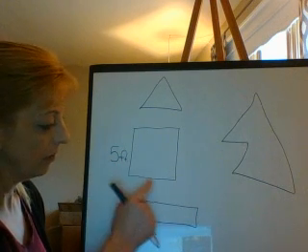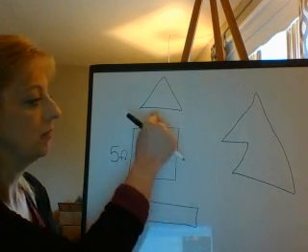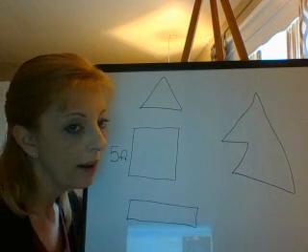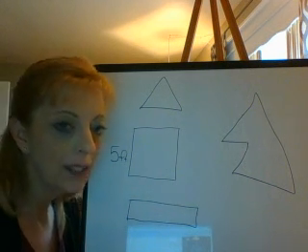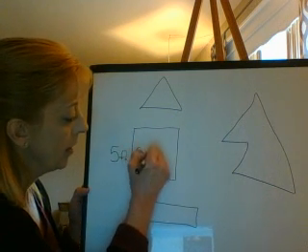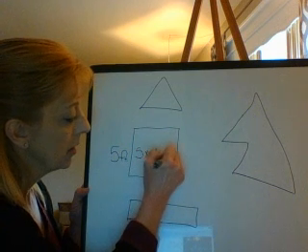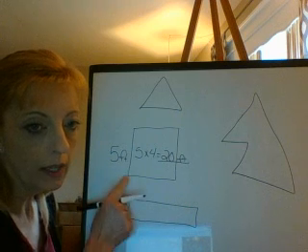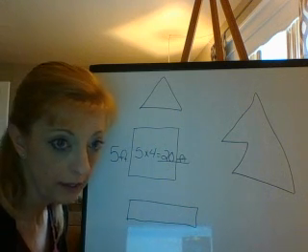If this is 5, and this is 5, and this is 5, and this is 5, I have 4 5s. I have 5 4 times. In this case, we could do 5 times 4 equals 20 feet. The perimeter for that square would be 20 feet. Okay?